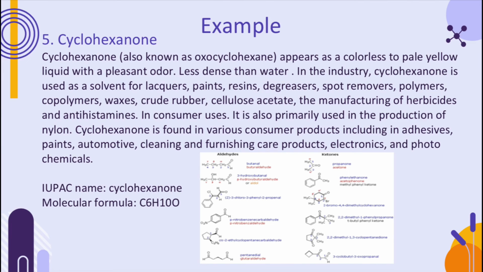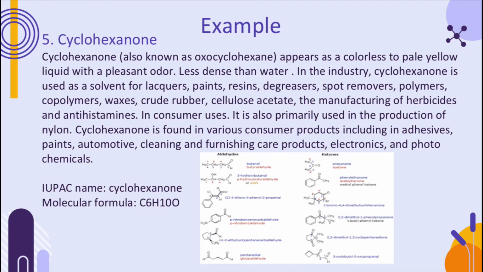Number 5 and last example, cyclohexanone. Cyclohexanone appears as a colorless to pale yellow liquid with a pleasant odor, less dense than water. In the industry, cyclohexanone is used as a solvent for lacquers, paints, resins, degreasers, spot removers, polymers, copolymers, waxes, crude rubber, cellulose acetate, and in the manufacturing of herbicides and antihistamines.